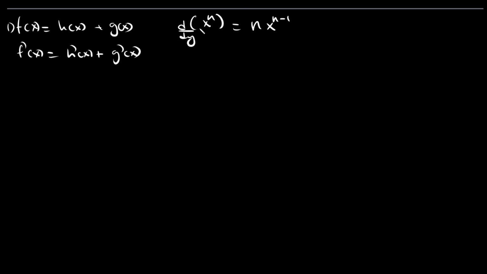This is the derivative for x to the power of n. What about the derivative of a constant c? The constant c is going to give you 0.